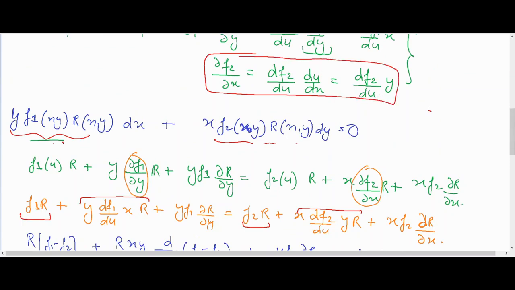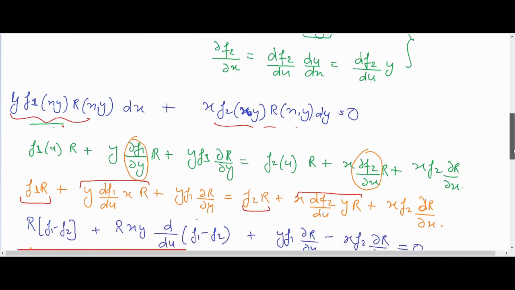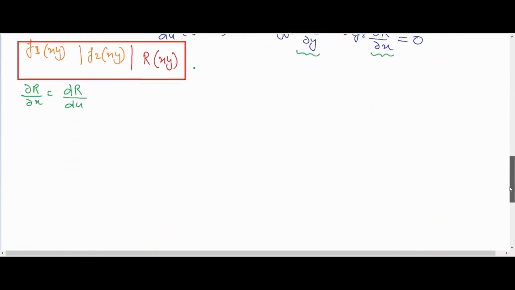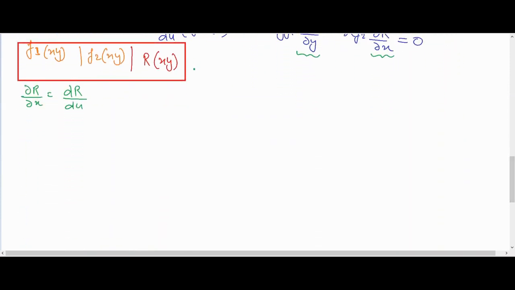So if you have understood this, you will understand the r thing also, the process we are doing with the function r here. So del r by del x will be dr by du, and du by dx will be y, right? And now del r by del y will be dr by du again, and du by dy will be x.